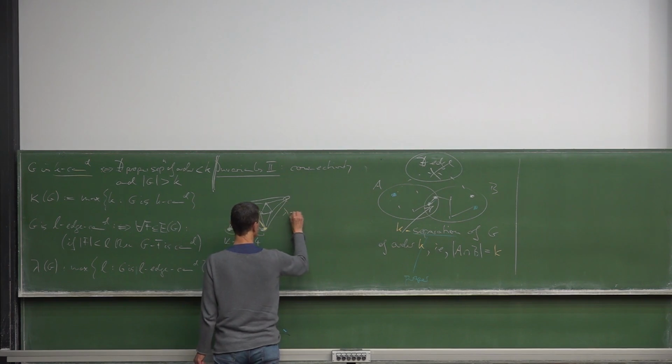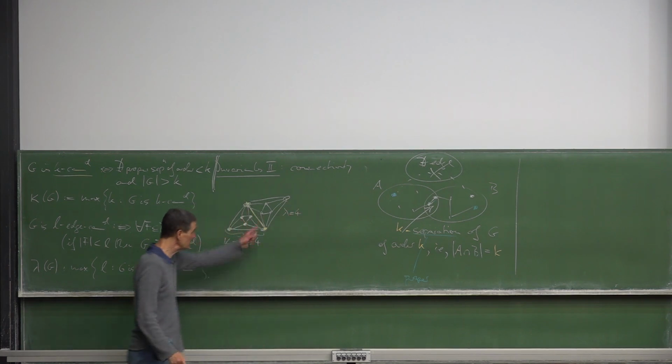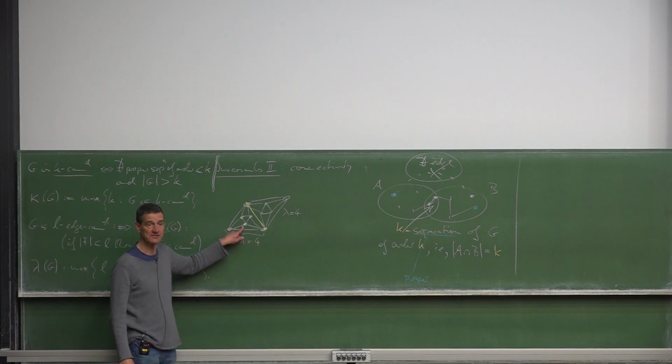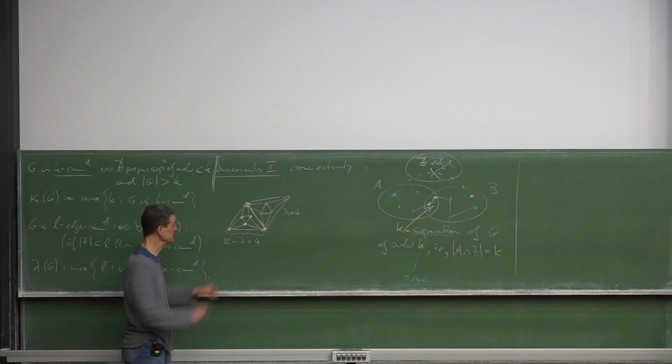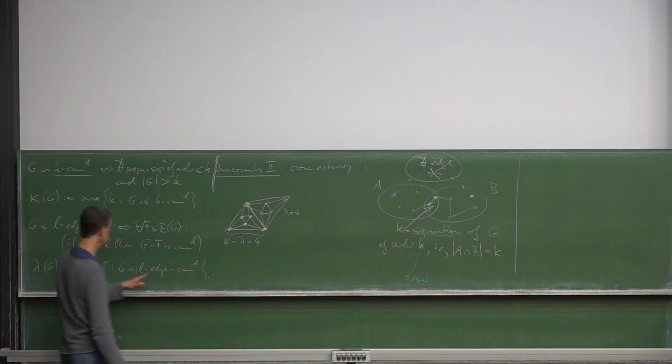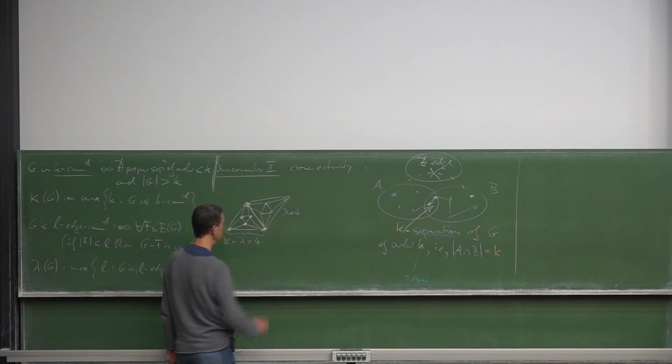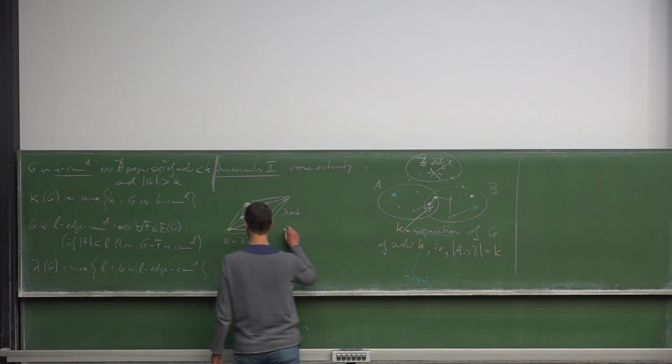So lambda is still 4. It cannot be 5. It cannot be bigger for the same reason. Just look at one vertex and you can delete its incident edges and take that as F. All right? So this is still 4 edge connected, but it's no longer 4 vertex connected, 4 connected.